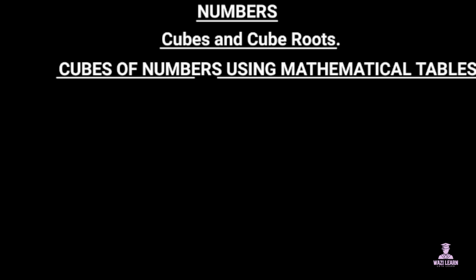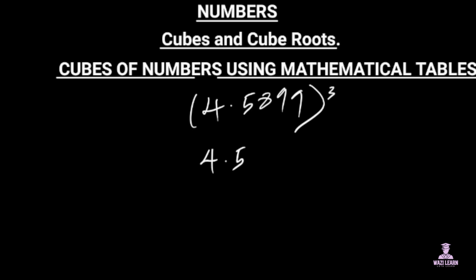Let's look at another example. You can pause the video and try this one. Let's say you want to find the cube of 4.5899. This one, you round off to 4 significant figures, so it will be 4.590. So find the cube of that one.